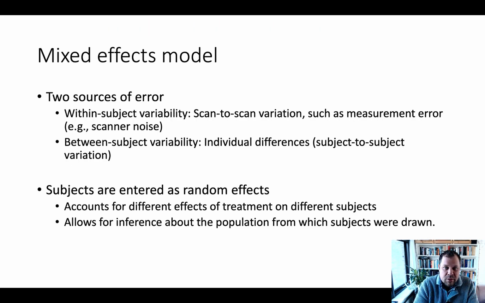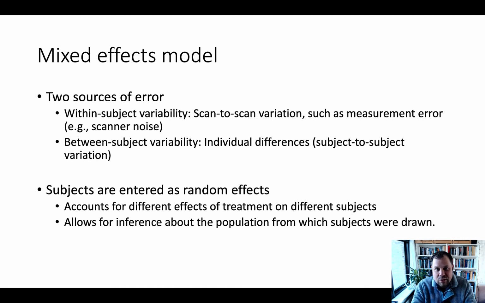The mixed effects model that we estimate therefore accounts for two sources of error. One of them is the within subject variability, so that's the scan to scan variation that we observe within subjects. And one source of error here is, for instance, the scanner noise or the physiological noise caused by the subject. The other source of error is the between subject variability. So these are the individual differences that we're now modeling at the second level.